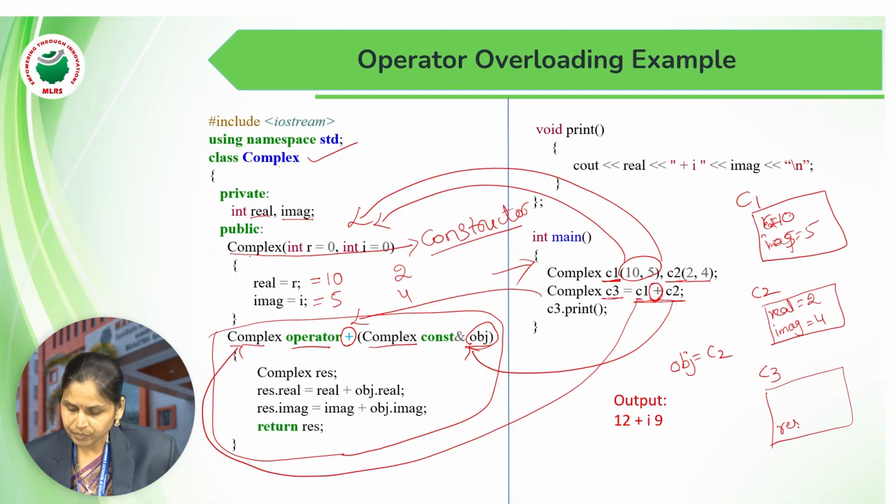Here we have the result object. result.real equal to real plus obj.real.